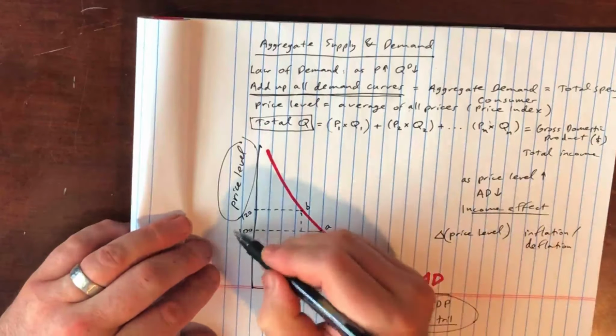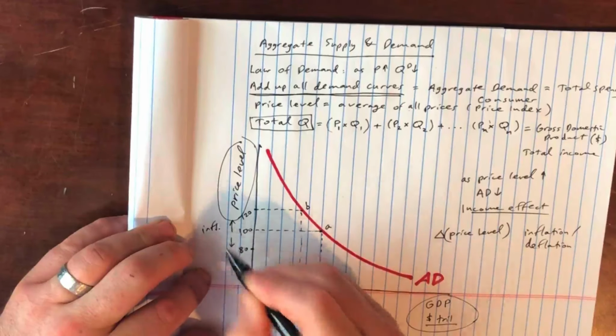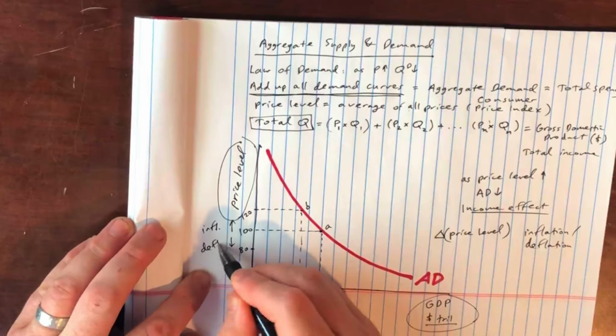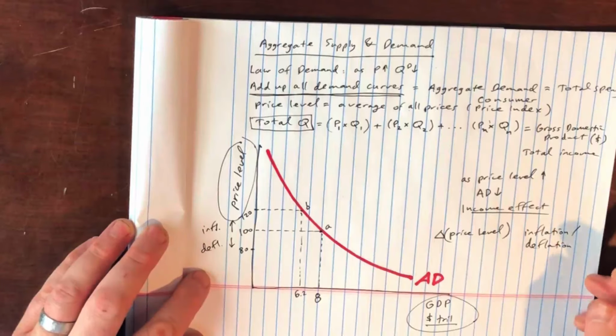And similarly, if it was to go down, let's say it goes down to 80, that would be deflation. Inflation, an upward movement in the price level. Deflation, downward movement in the price level.